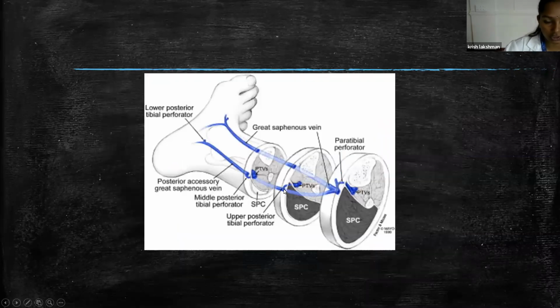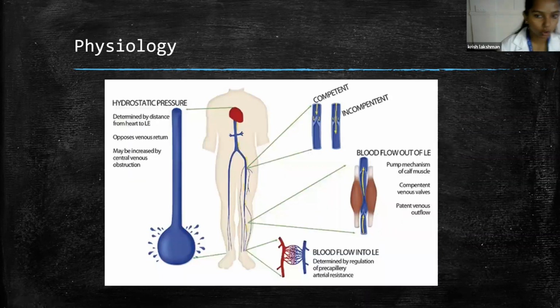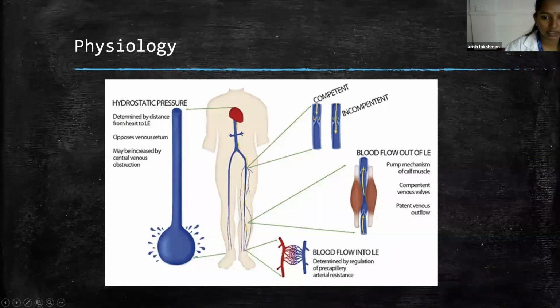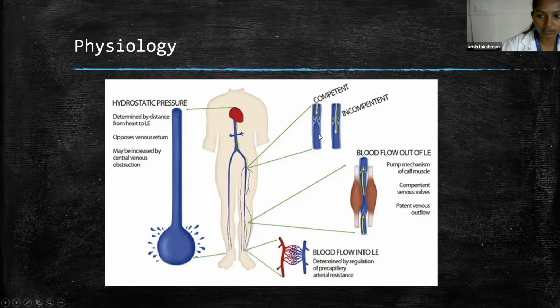This is a visual representation of how the perforators connect the superficial vein to the deep veins, traversing the fascia. So the normal physiology of the lower limb venous system is that, because of gravity, it needs an extra mechanism to pump the blood back to the heart, and it is maintained by the valves present in the lower limb veins, the calf pump between the muscles, and the difference in the capillary pressures.